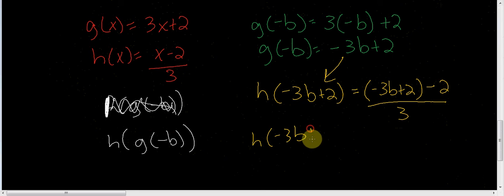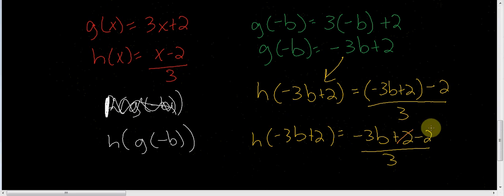Alright, let's see what happens here. Well, I can drop the parentheses. So plus 2 minus 2 over 3. And hopefully you see that the 2 minus the 2, those cancel out. So I'm left with negative 3b over 3.